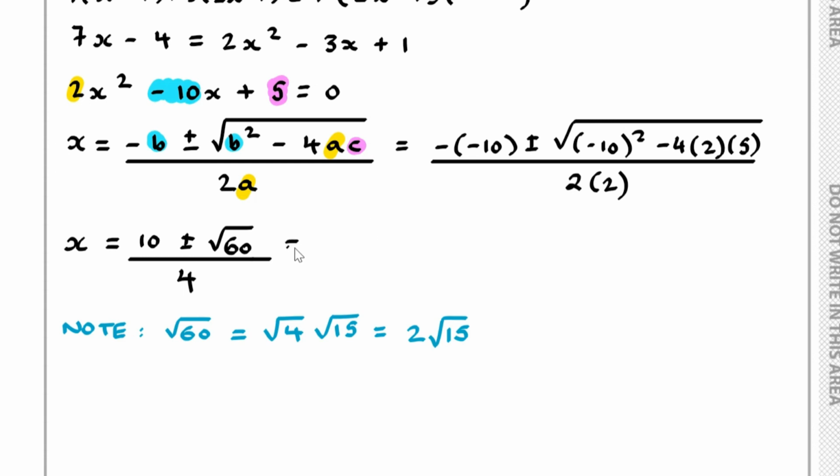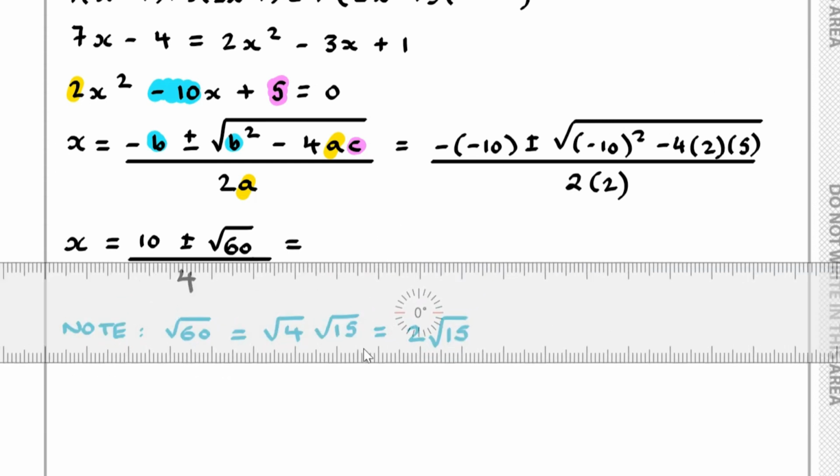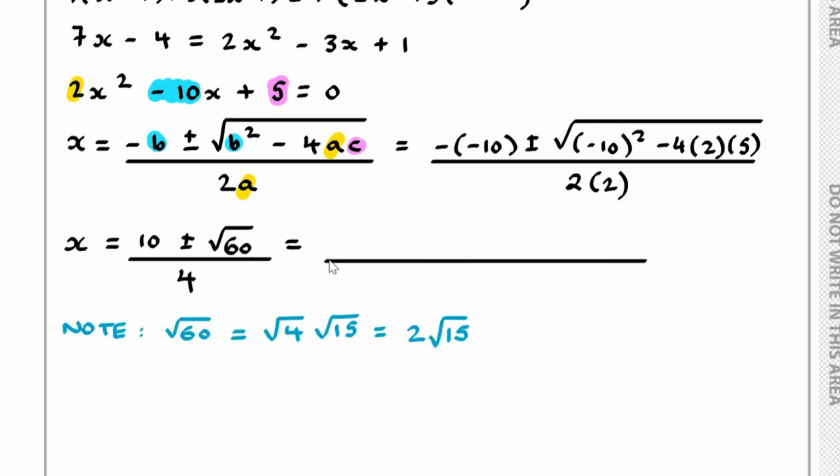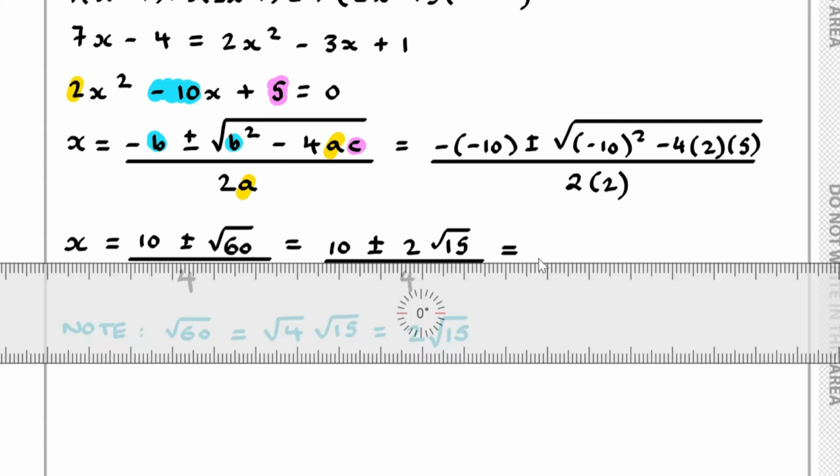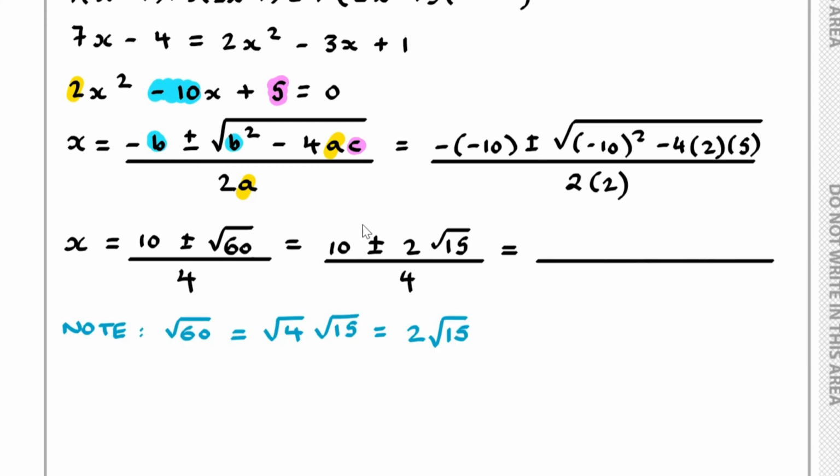So, what we have for x then is 10 plus minus 2 root 15 over 4. And if we attempt to simplify this by dividing the top and bottom by 2, we end up with 5 plus minus root 15 over 2.